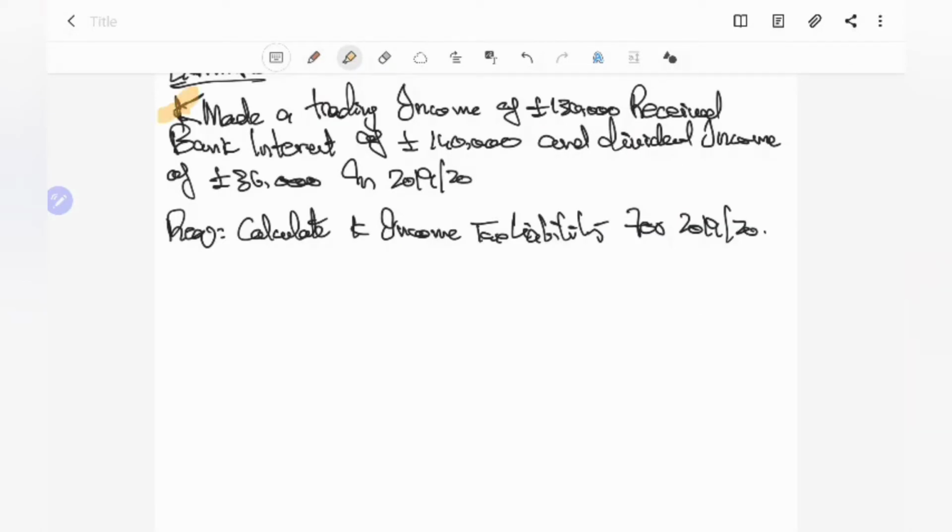Okay, K made a trading income of £130,000, received bank interest of 40,000, it is 40,000, not 140,000, and dividend income of 36,000 in 2019-20. We have to calculate the income tax liability for 2019 and 20. Now, how many incomes we have? Non-saving income, saving income, dividend income, and lastly the total income, right? So what is my trading income?